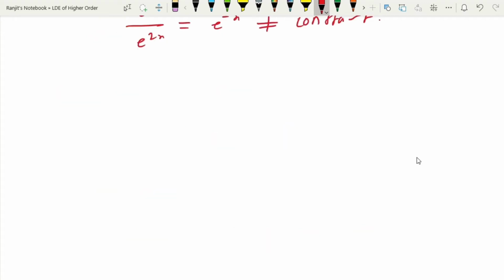Now we will discuss some theorems regarding solutions of the non-homogeneous differential equation and the homogeneous differential equation.